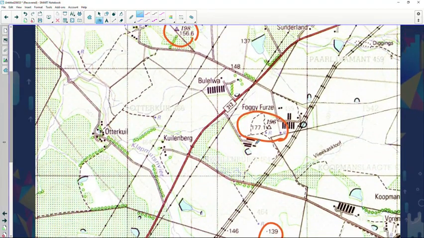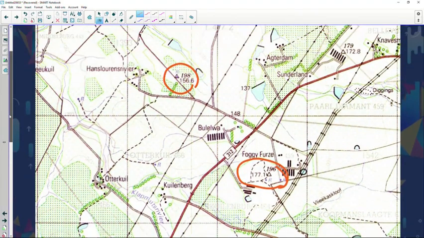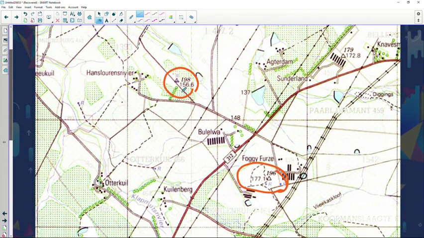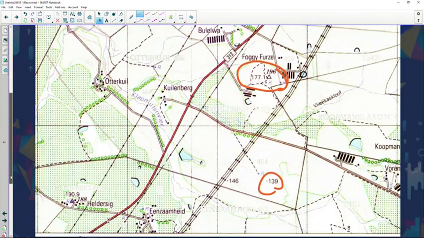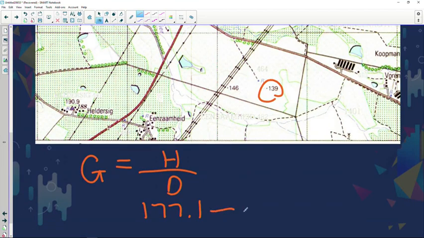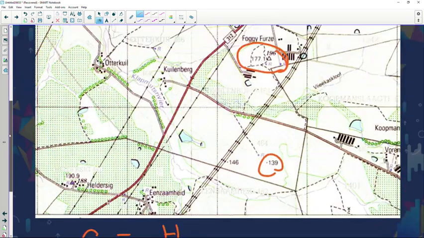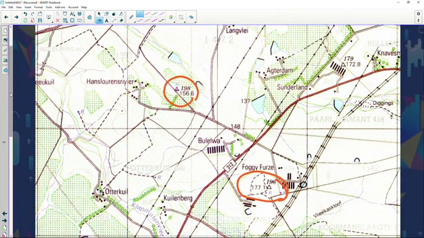So 177.1, if you look over here, subtracting the lowest, 156.6. And secondly, we need to go and calculate the distance between the two trig stations. You place your ruler from there up until there. And I get exactly 15 centimeters.